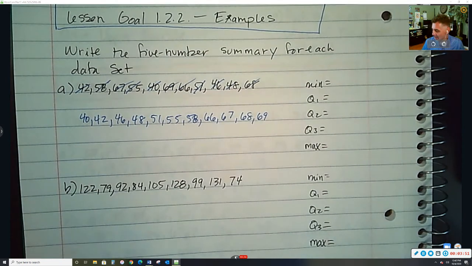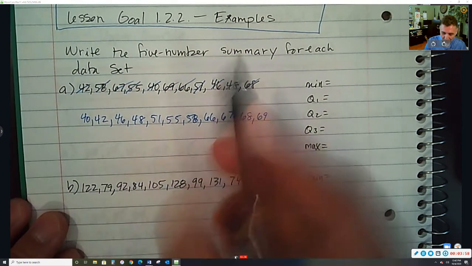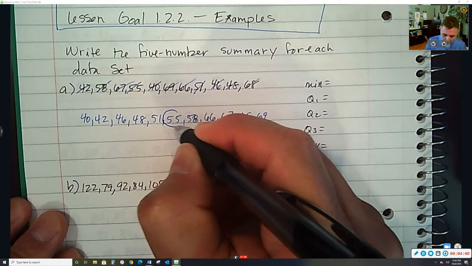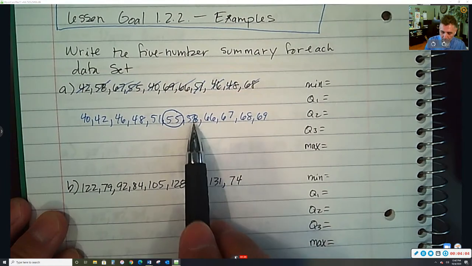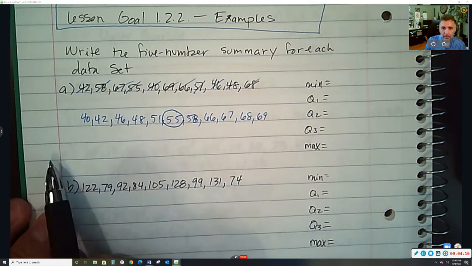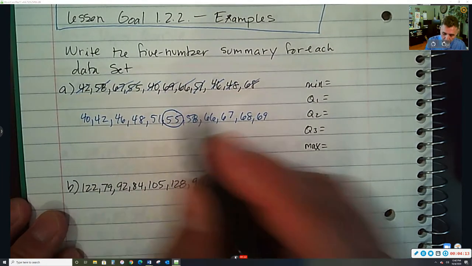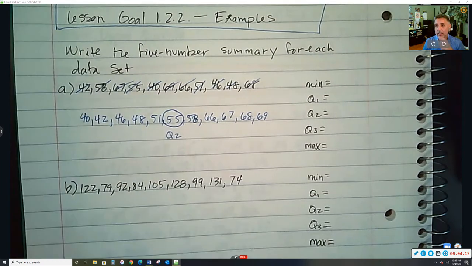The 6th number is the middle. That guy's the middle number, because there's 5 over here and 5 over here, right? And the middle number is Q2. Remember, that's the median.